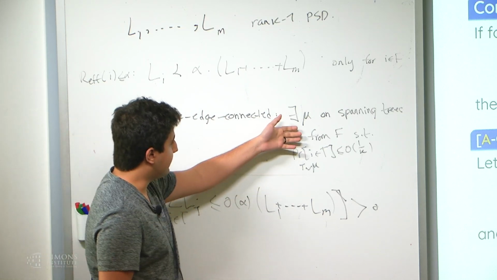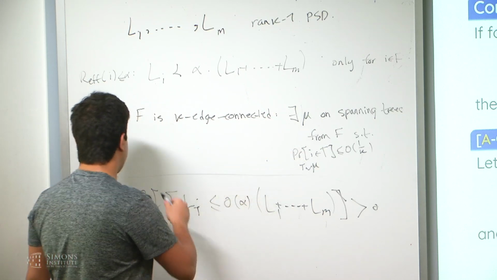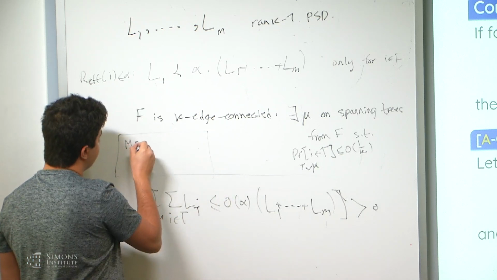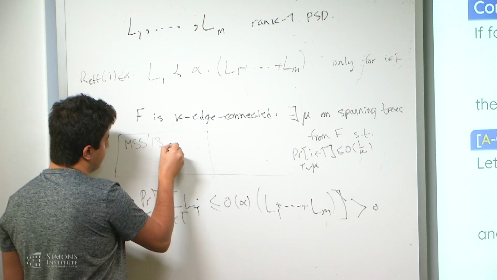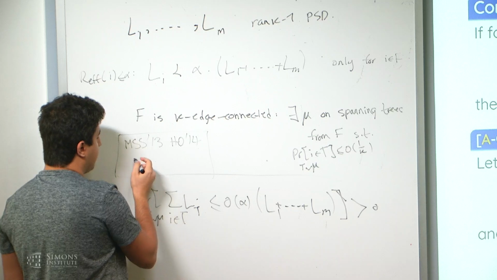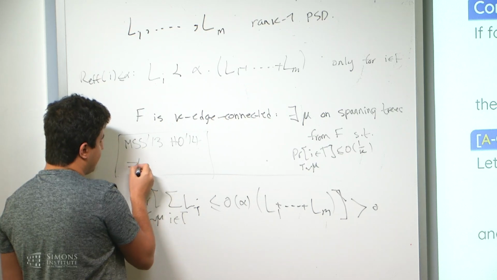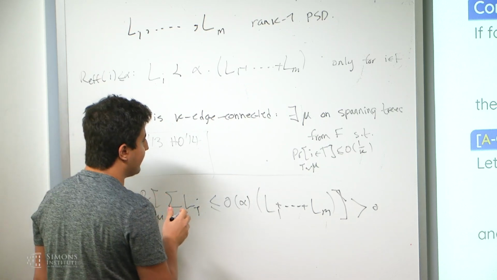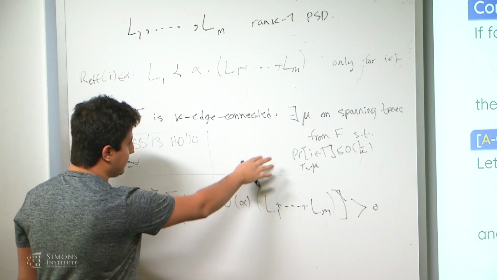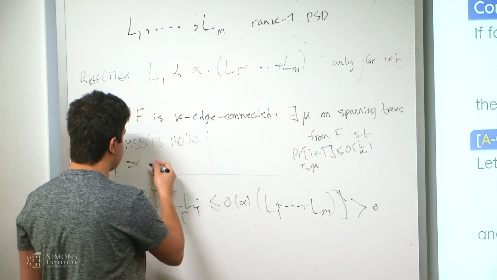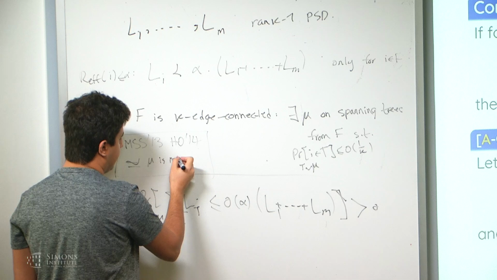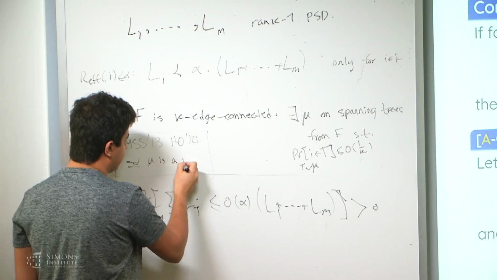So if you look at the original method of interlacing families, by Marcus, Spielman, and Srivastava, and Harvey and others, you can think of it as the equivalent of this statement, where this distribution mu is basically a product distribution.